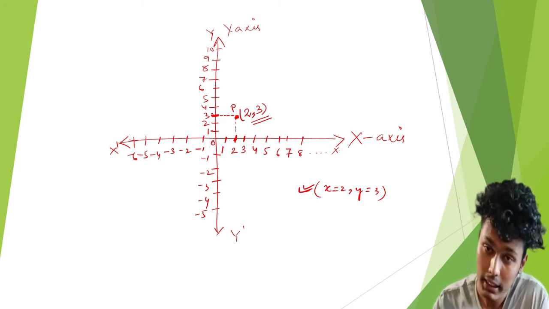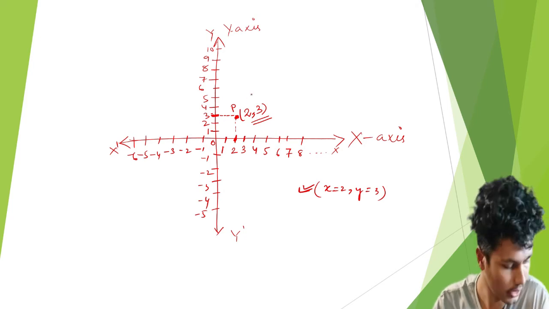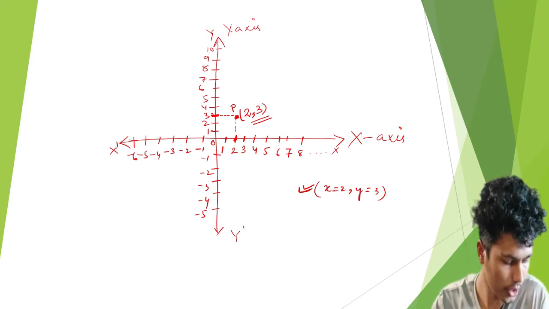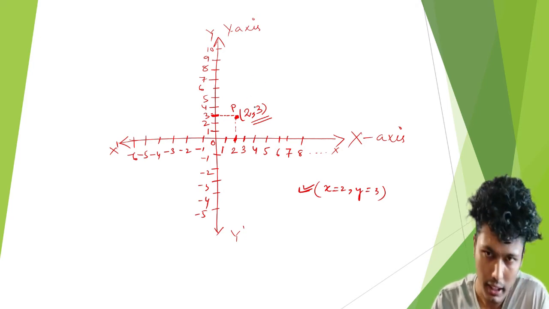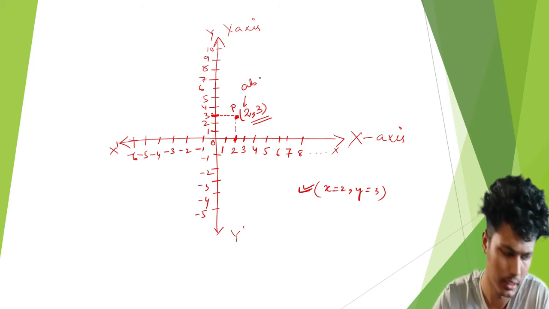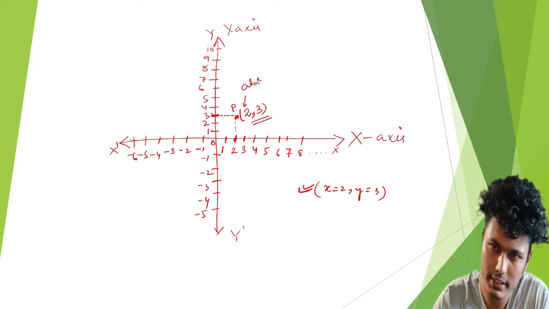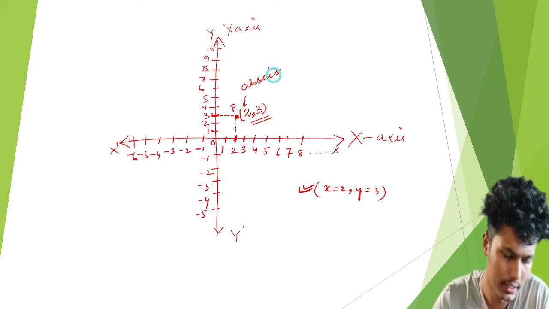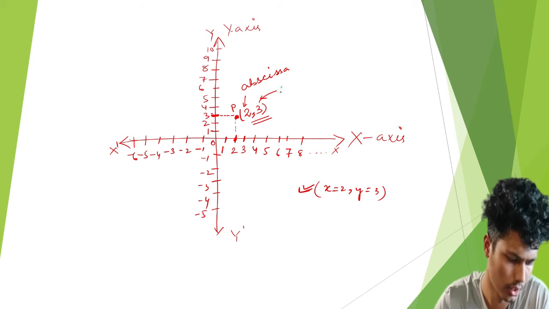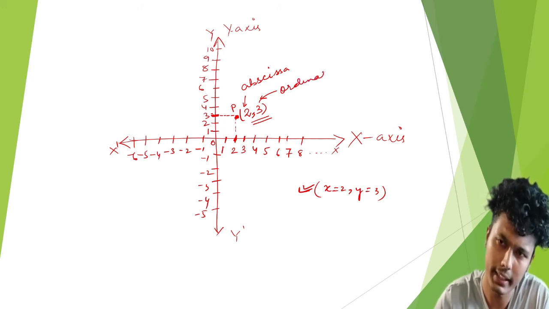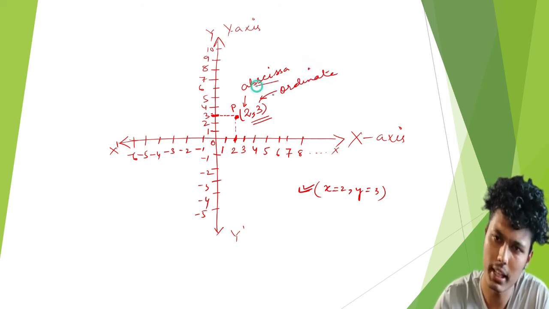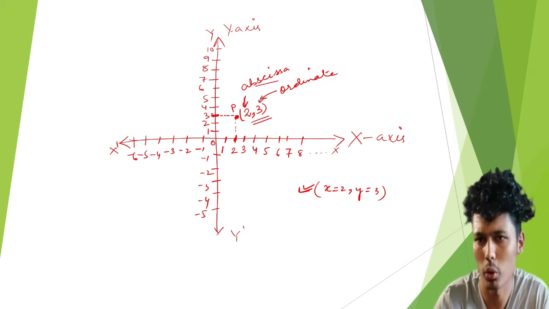Now, what you need to understand is that this is called abscissa. What's the spelling? Abscissa, and this is called ordinate. Ordinate. This is abscissa and ordinate. So the first value is called abscissa and the second value is called ordinate.